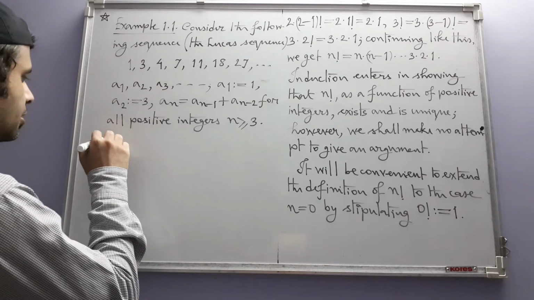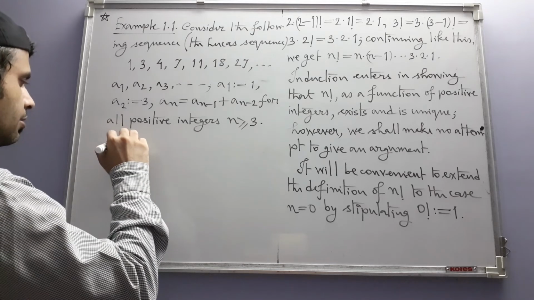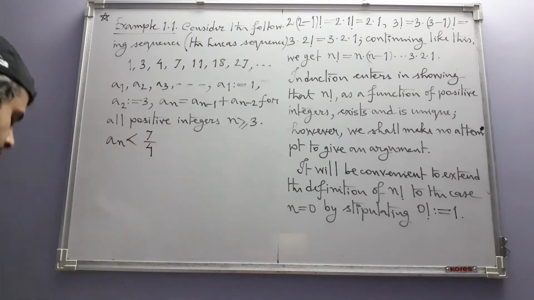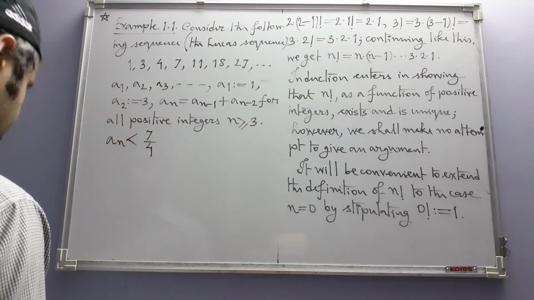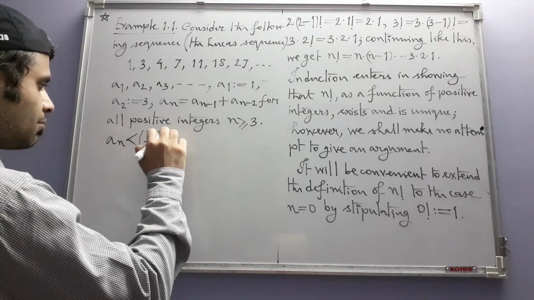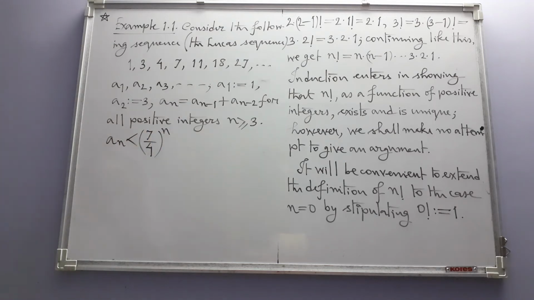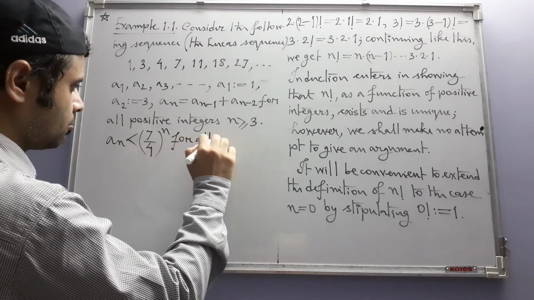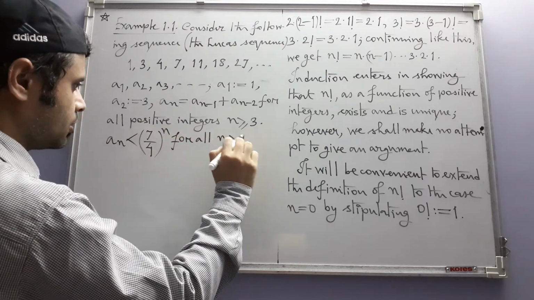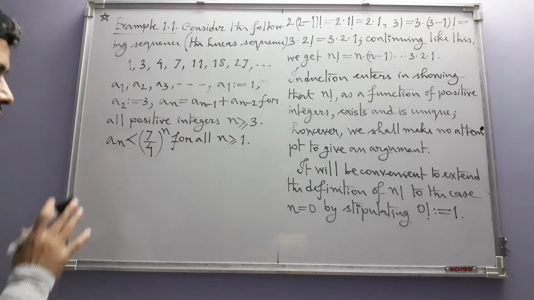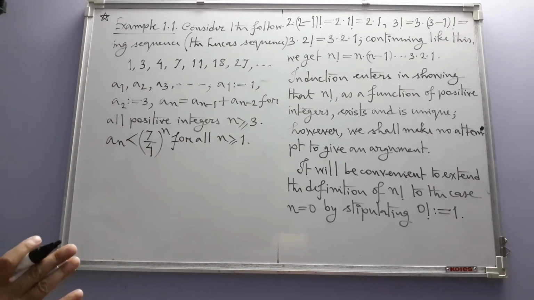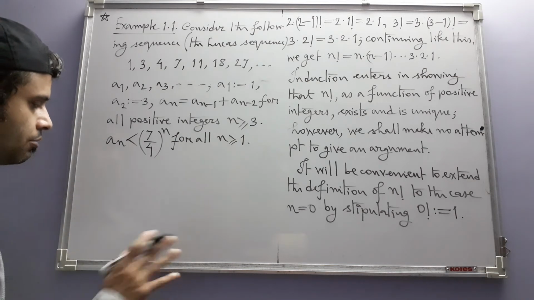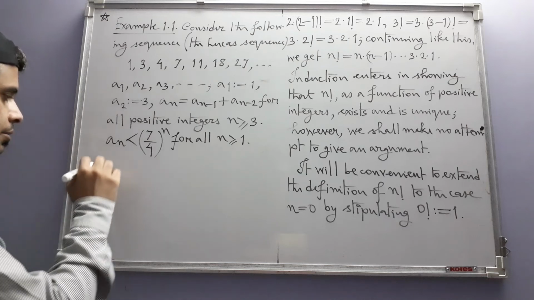Now the claim here is that an is less than 7 by 4 whole to the power n, for all n greater than or equal to 1. In the proof of this, we need the second principle of finite induction.